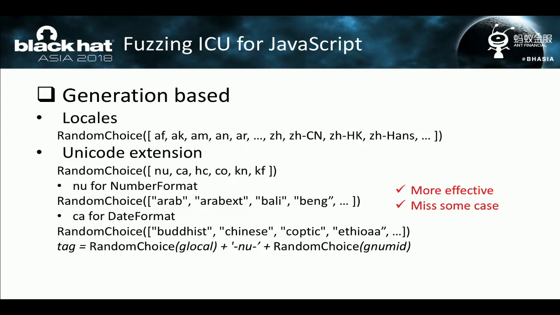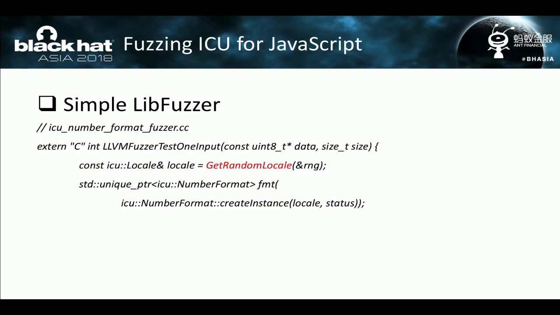This is much more effective, but the randomness is reduced significantly, so we will miss some cases. Finally, I found a fuzzer in the Chromium source, which uses the code-coverage-guided libFuzzer. But the fuzzer can only fuzz one argument.